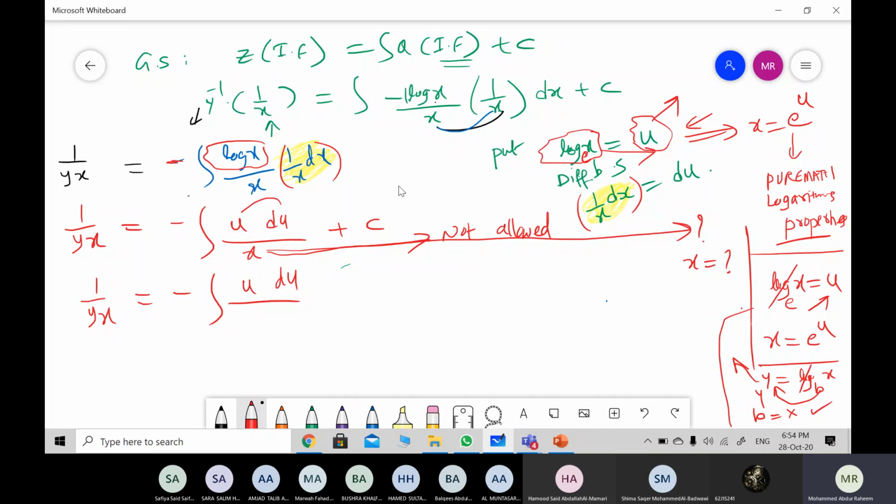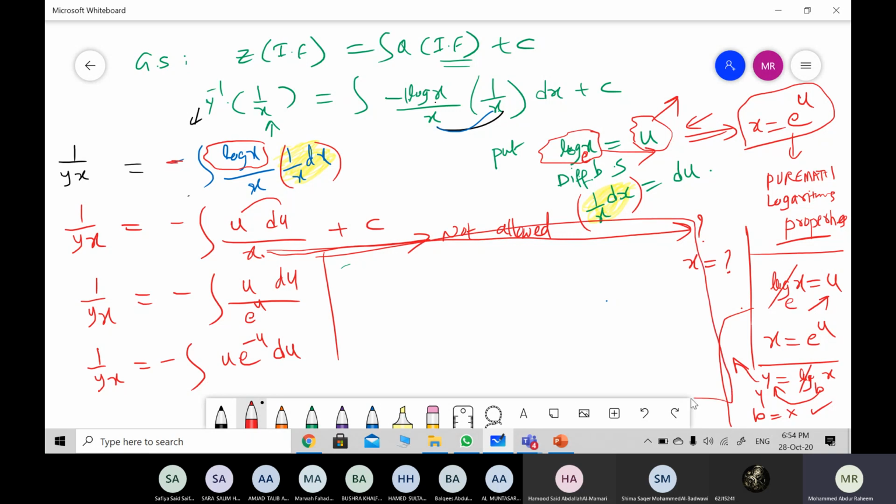Okay, now how much is x now, please? e power u. That will be here. 1 over x squared becomes e power minus 2u, times e power u du, so e power minus u du. Now what to write now?